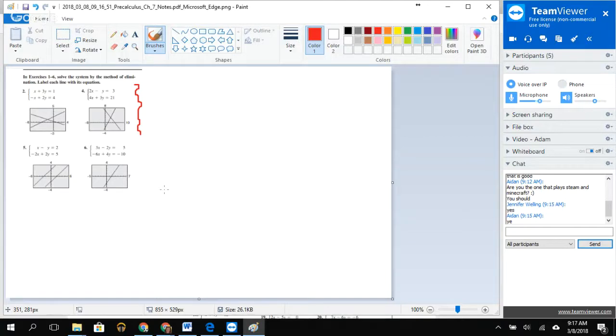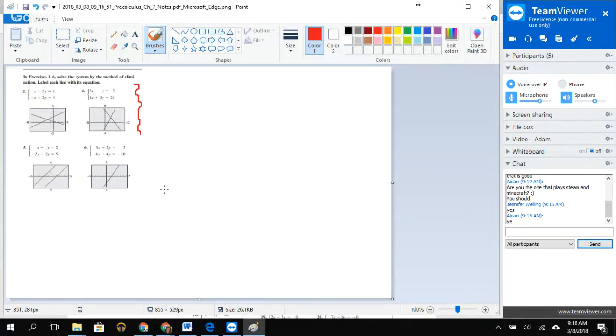So in the method of elimination, again, this is one of many tools that you can use to solve systems of equations. We're trying to find what x and y makes both equations true. Okay. For elimination, what we're going to do is we're going to try to find or make an x or a y that matches up with a value in the other equation, so that when we add them together, then we will eliminate one of the variables.